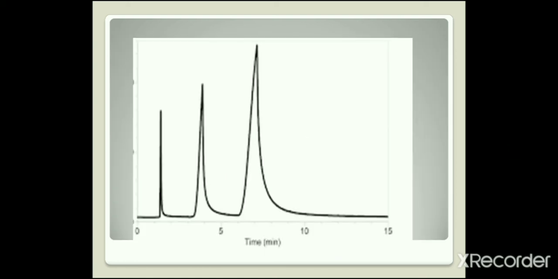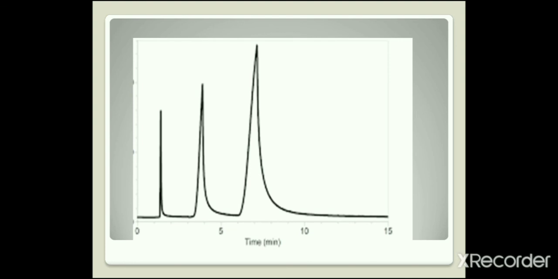After this, we get such a chromatogram on the computer. On the x-axis we have the time, at which each component has come out from the column, and on the y-axis the intensity. So for each component we get such a peak.